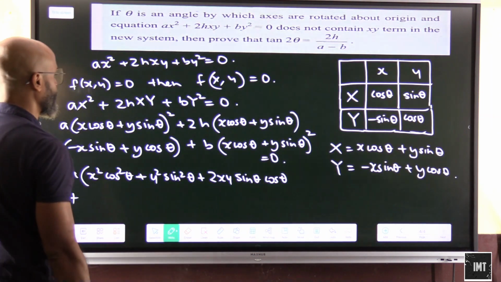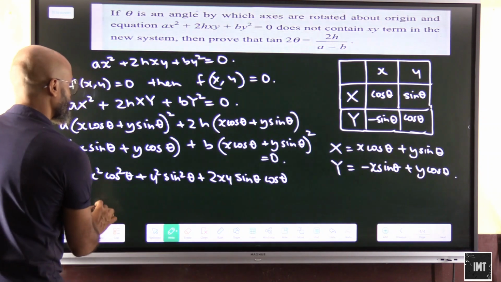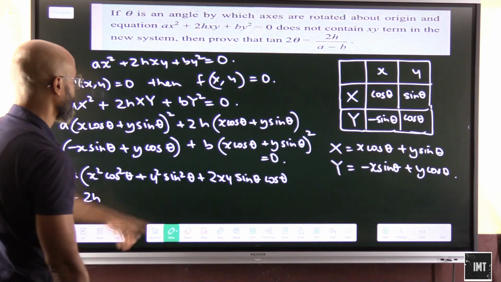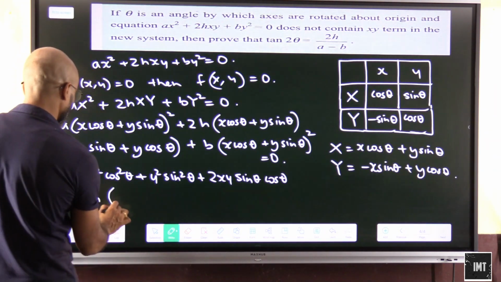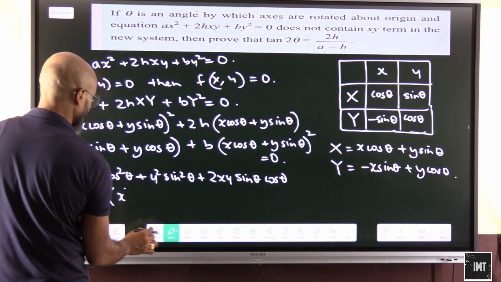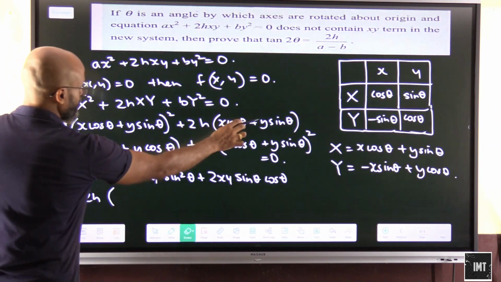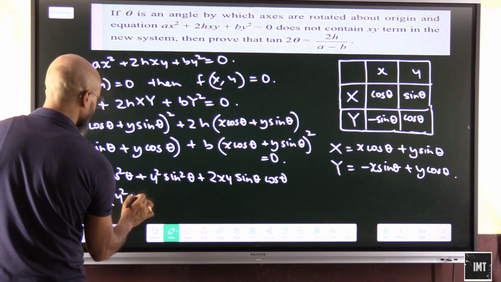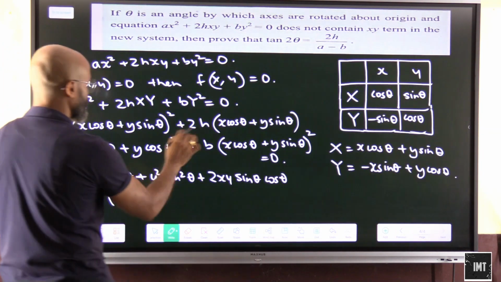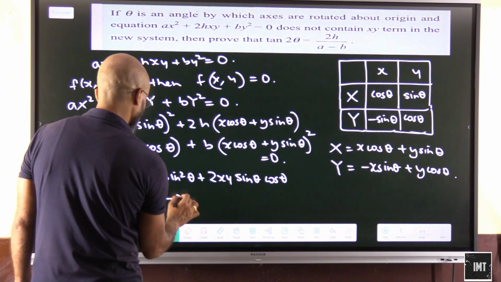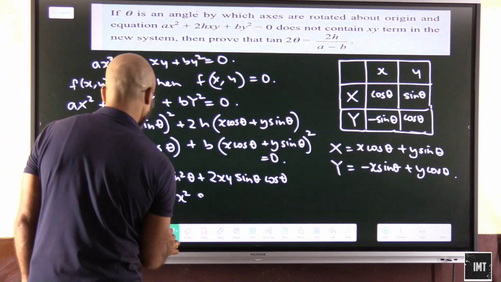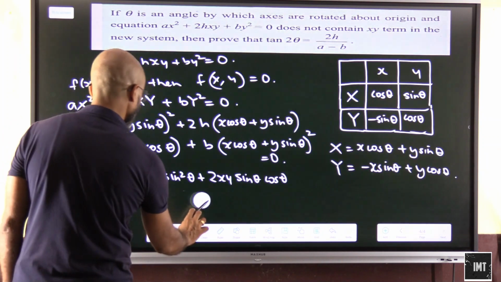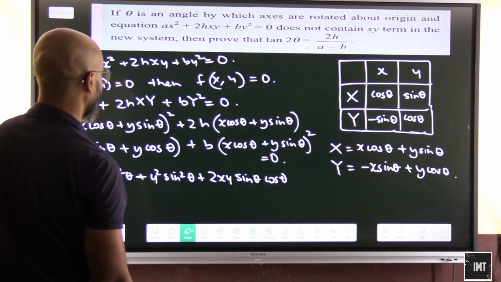Plus we have here 2h, so 2h, a square minus b square, so this will be x square, a plus b into a minus b, so this will be y square cos square theta minus x square, no, this will be all reversed.